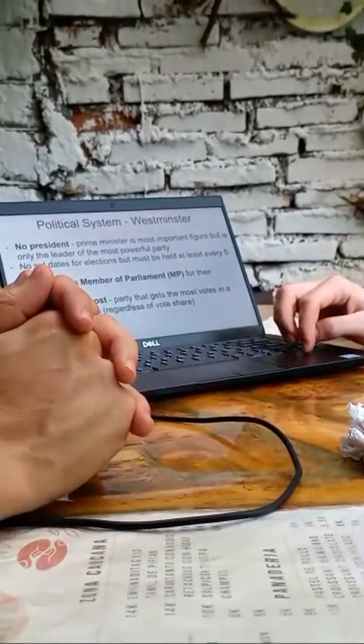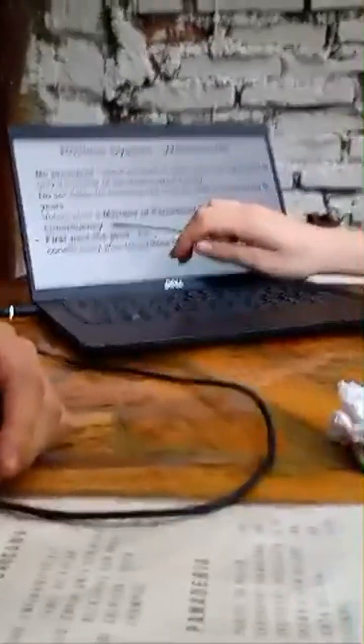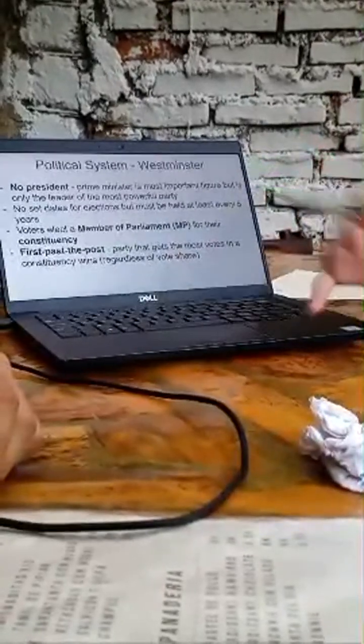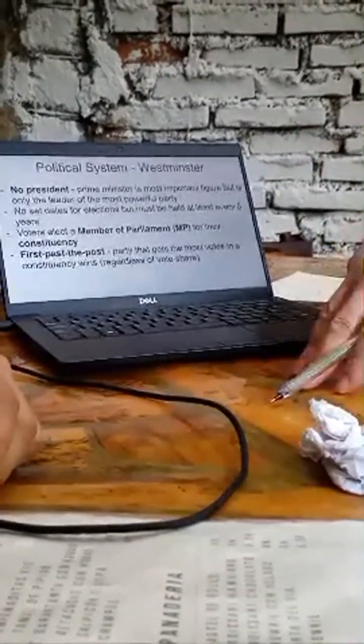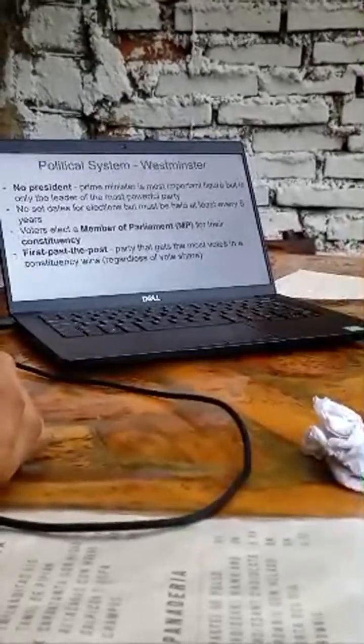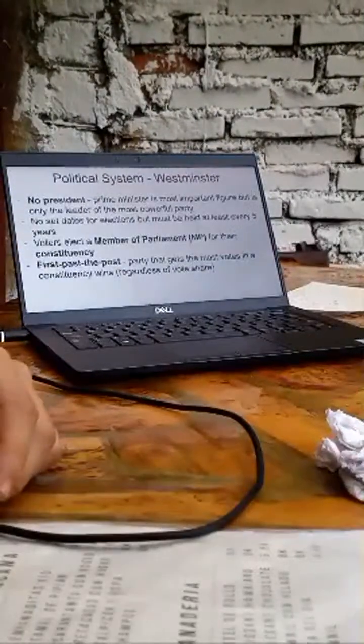Okay, more reading. This is probably easier to understand. I'll talk about that. You read it, but you may not understand it. This word is probably the hardest. A constituency is an area which elects someone to parliament.